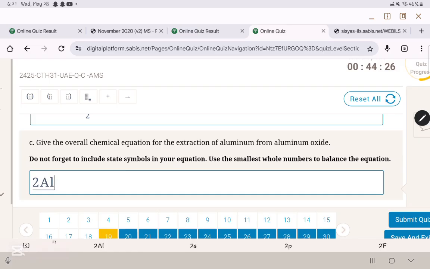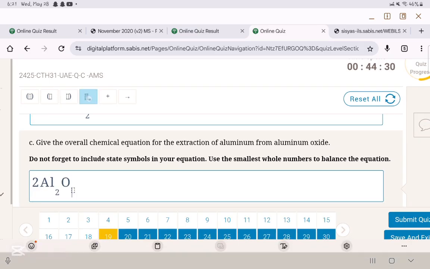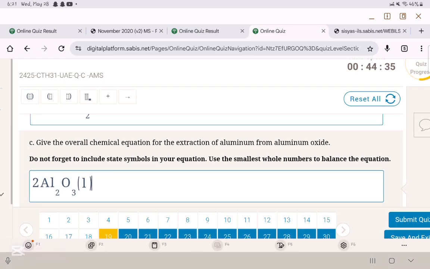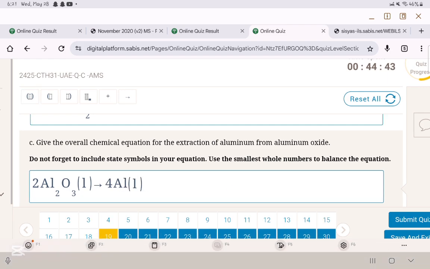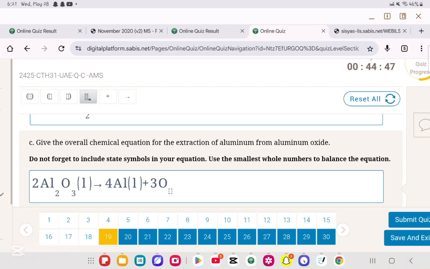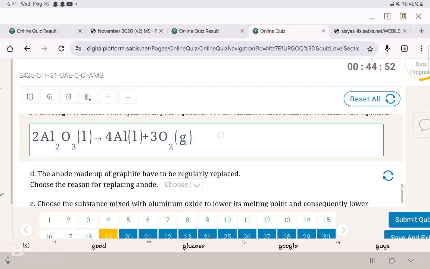So, 2Al2O3, it is a liquid, will give us 4 aluminum, which is also a liquid because it's molten, in addition to 3 oxygen, so 3 O2. And remember that oxygen is a gas.